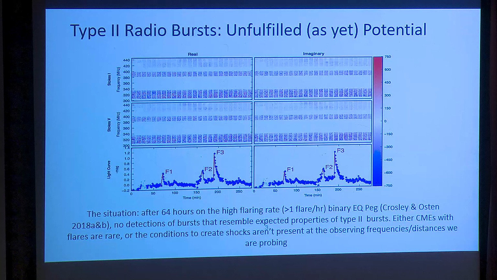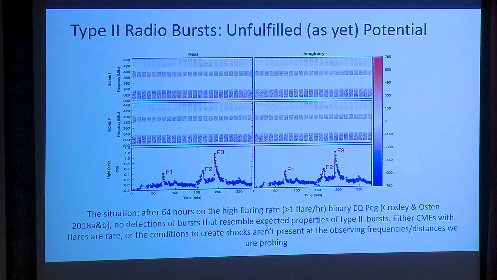A graduate student of mine and I tried to detect type 2 radio bursts using low frequency Very Large Array observations. We targeted one very high flaring rate star, and our observations were predicated on this flare-CME connection: that if you had a high rate of flaring coupled with a high rate of CMEs, you should be able to detect many of these, even with very restrictive assumptions about just the most energetic events.